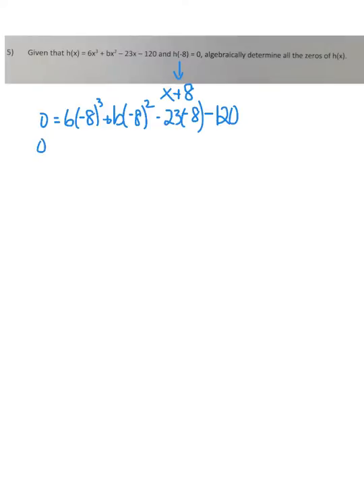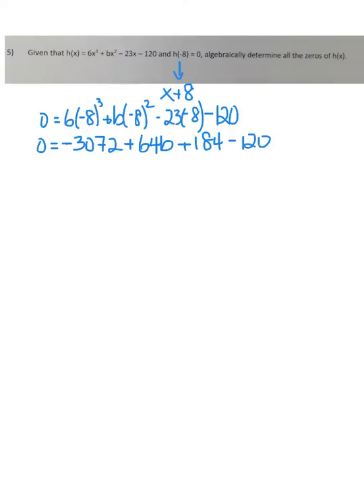So I'm going to have 0 equals, so when I multiply all of this out in my calculator, I'm going to get negative 3,072. Okay, then I'm going to get plus 64b plus 184 minus 120.